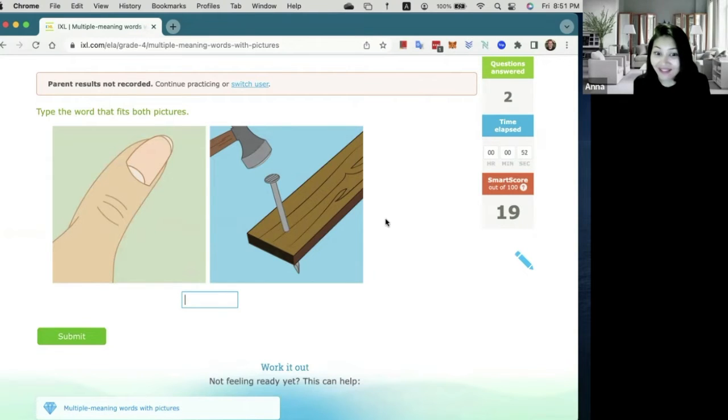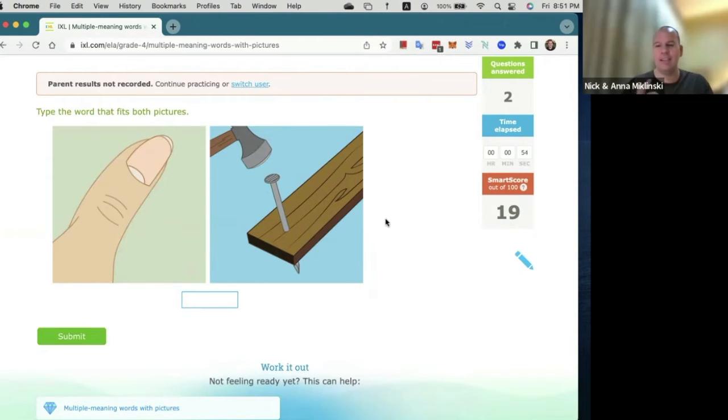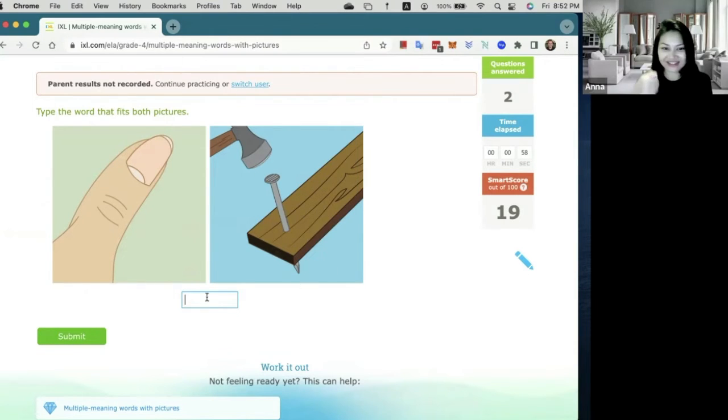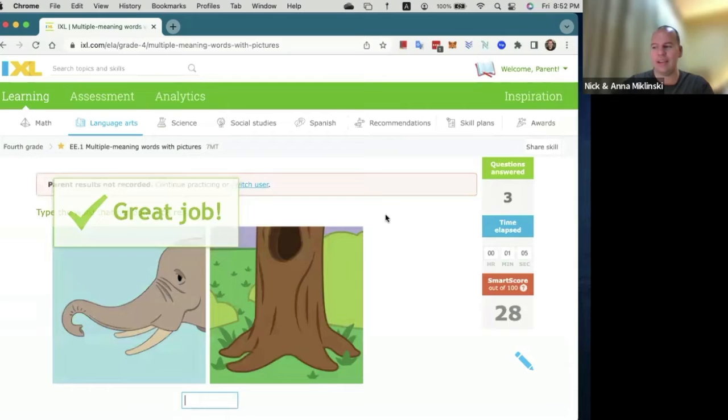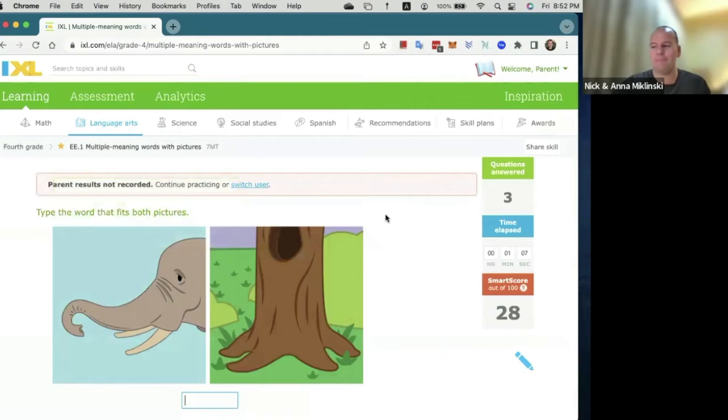Next one is, okay, what are you pounding with a hammer? The nail. Yep, and on your finger you have a fingernail, right? Nail. It's spelled the same way and has two different meanings. Okay.